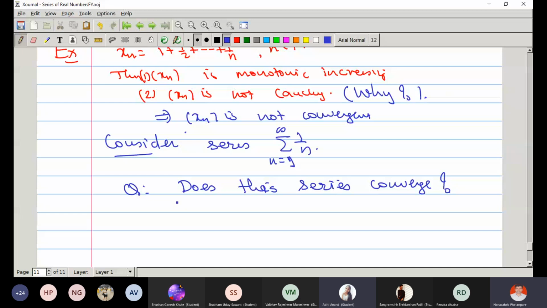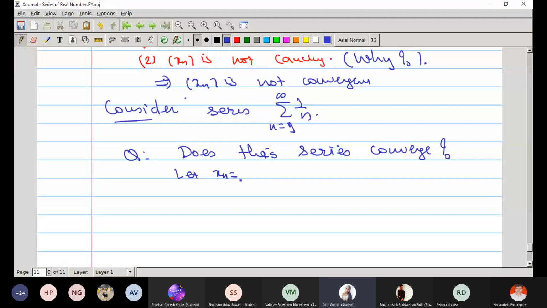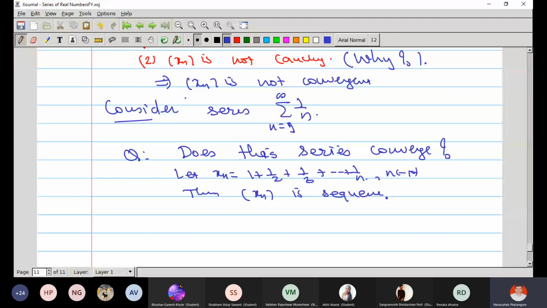Maybe yes, because the limit of the an term is 0. Okay, what is this Xn now? Xn is the sequence of partial sums for the series 1 by n.